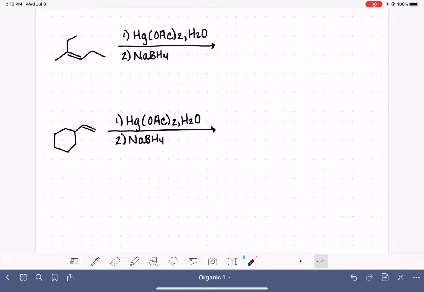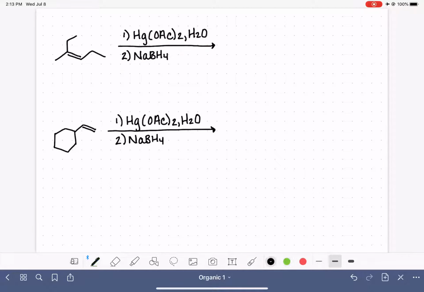If you have multiple reagents in a step, for example, in step 1 we have 2 different reagents, we'll just separate those reagents from each other by a comma. So the way that we would read this is step 1, mercury acetate and water. Step 2, sodium borohydride.